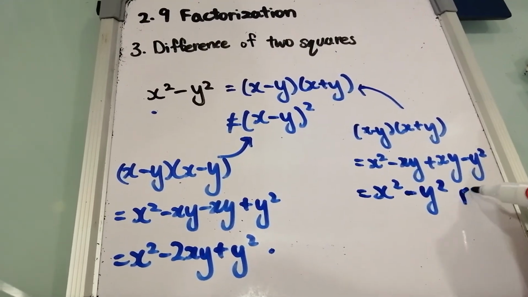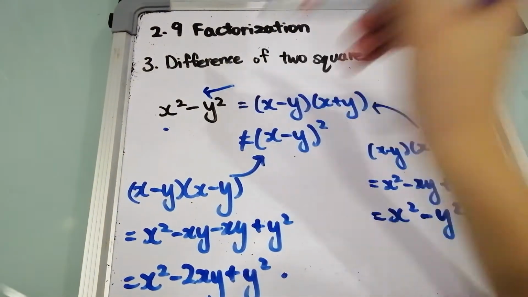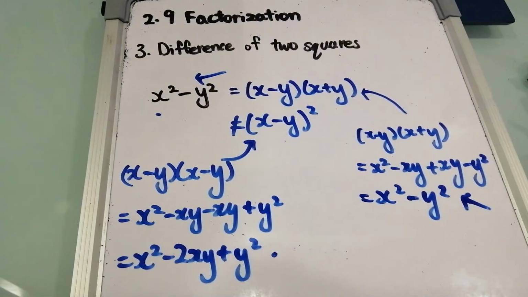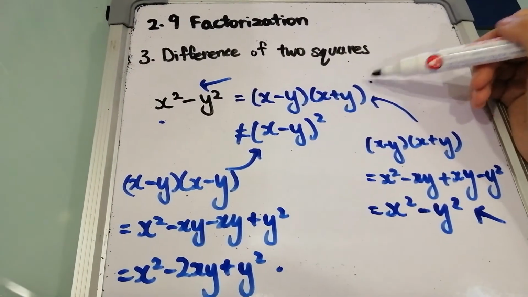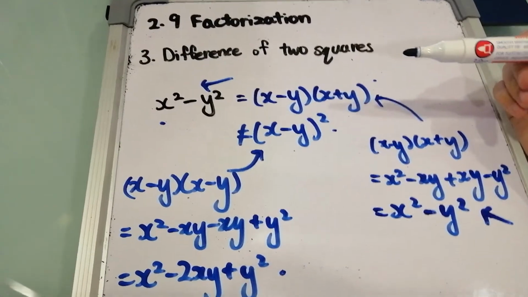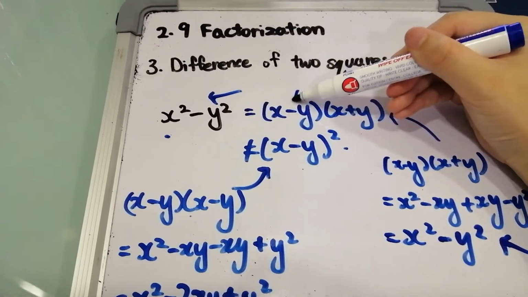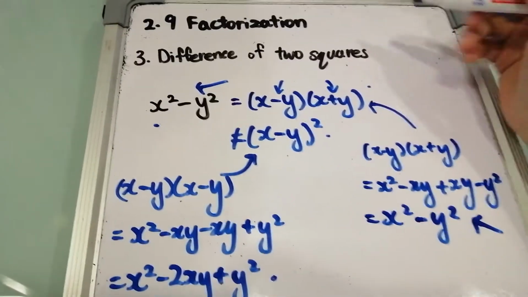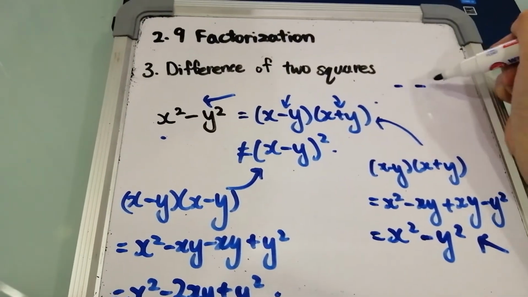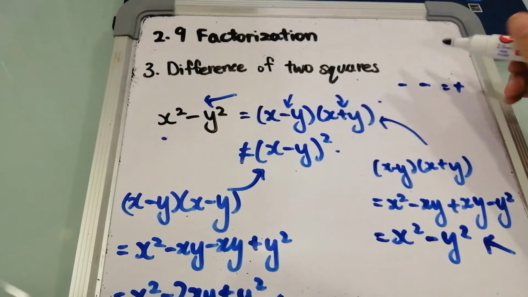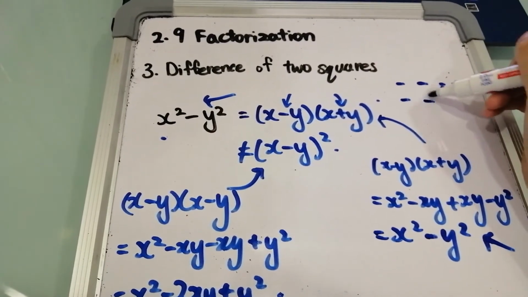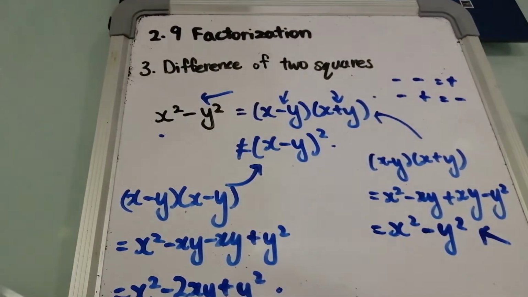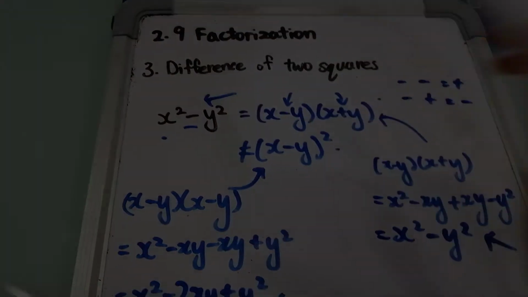So this expression is the same as this one. So we can prove that this is correct, but this is not. The reason why one is negative and one is positive is that if we put both negative, we'll get positive, and if we put one negative and one positive, we'll get negative, which is what we want.